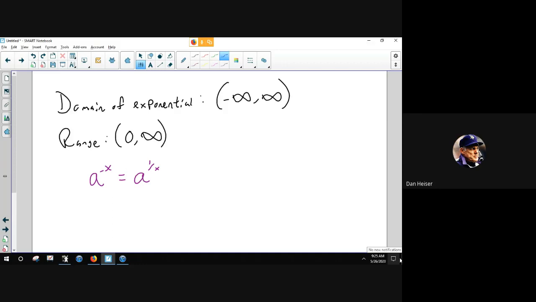Remember how inverses work. The way inverses work is the function's domain, the function's range is the inverse's domain because we're switching x and y. The function's range is the inverse's domain.